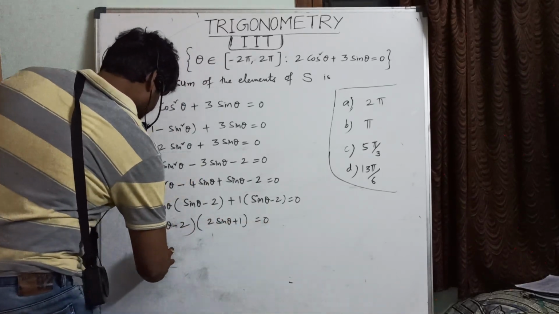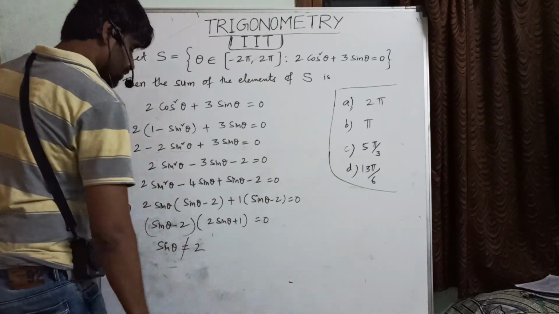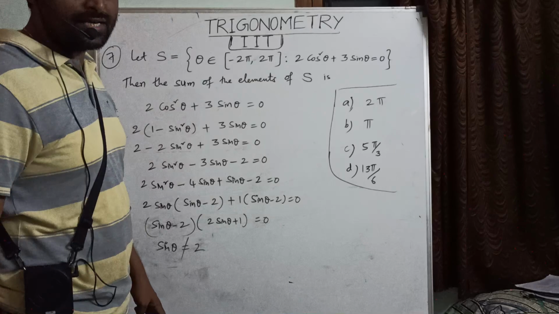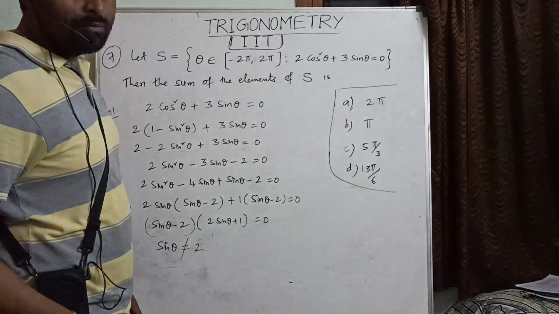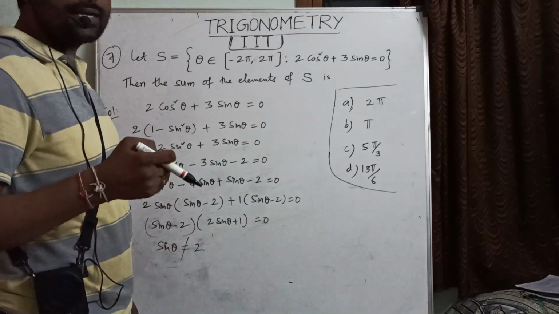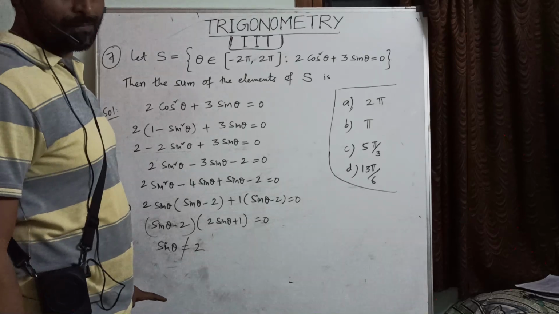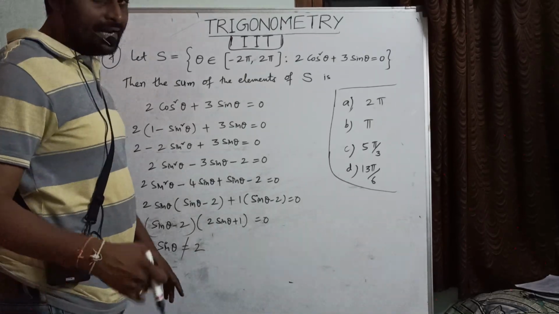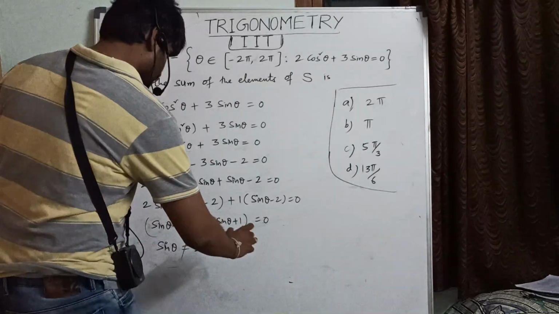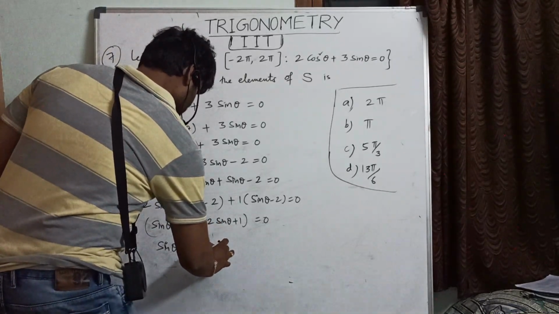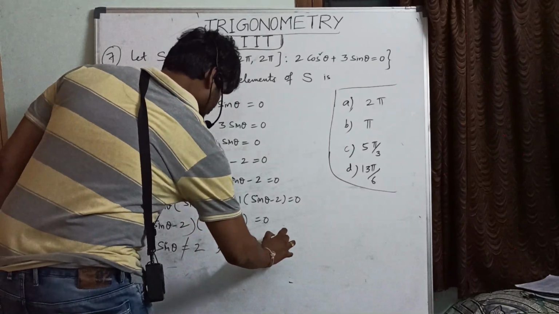So from this sin theta equal to 2. So can it be possible? No, because sin theta range is minus 1 to plus 1. So we cannot get any value more than 1 or less than minus 1 for sine, even for cos also. Correct? Now for tan any value can be obtained, not a problem. So from this, here sin theta equals minus 1 by 2.